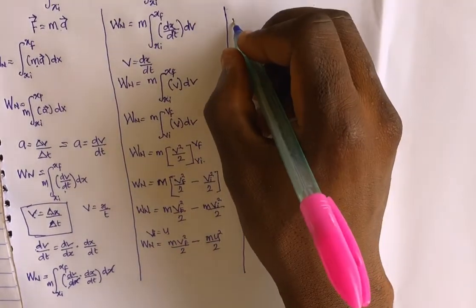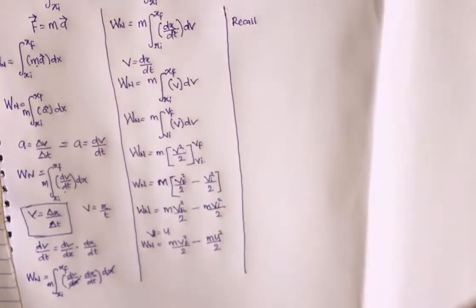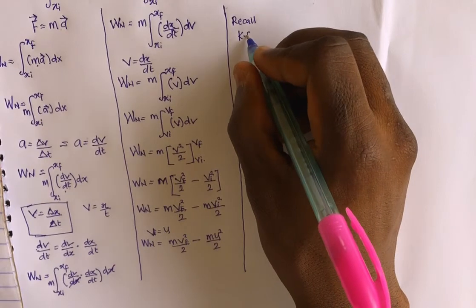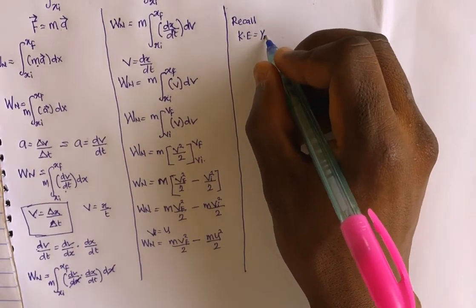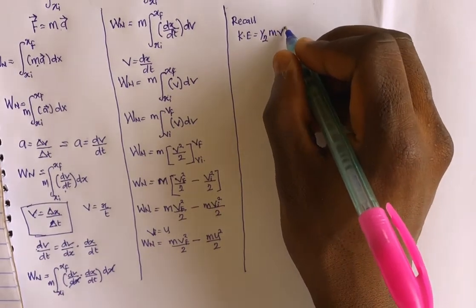I can recall the formula for kinetic energy: kinetic energy equals half of mass multiplied by velocity squared, right?